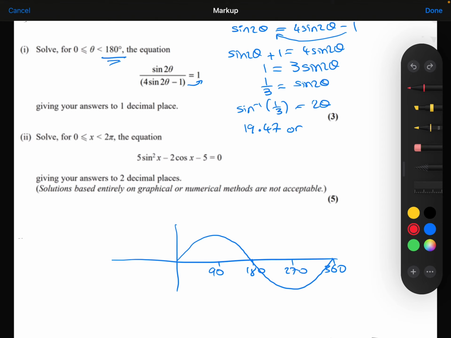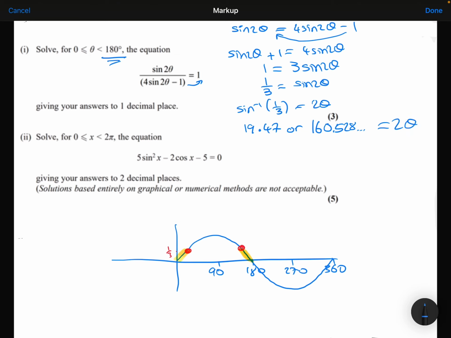Right, 1/3 is here. So we've got one solution here, we've got another solution here. So this is the 19.47. So then this would also be 19.47. So if I do 180, subtract 19.47, I'll get 160.528.